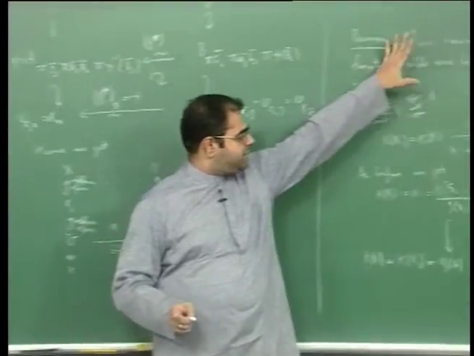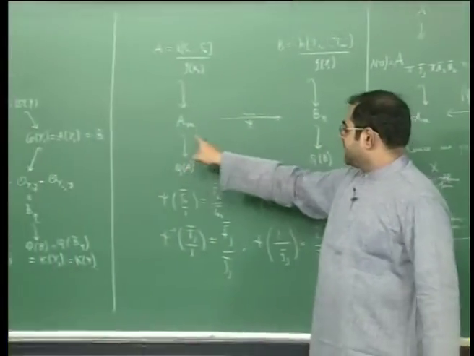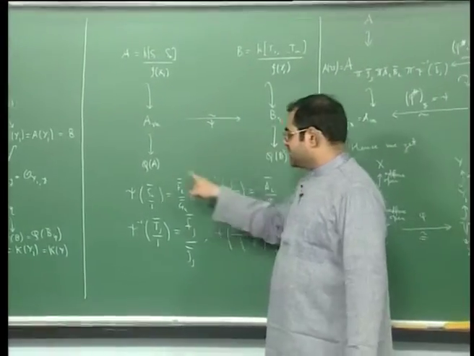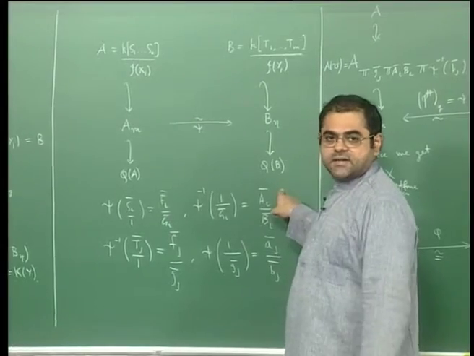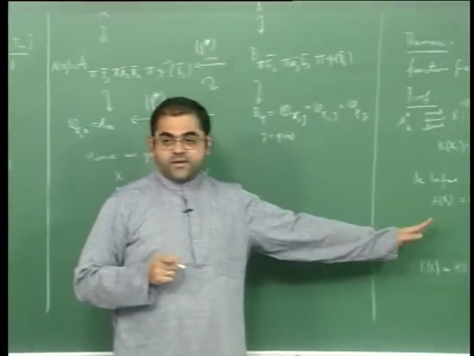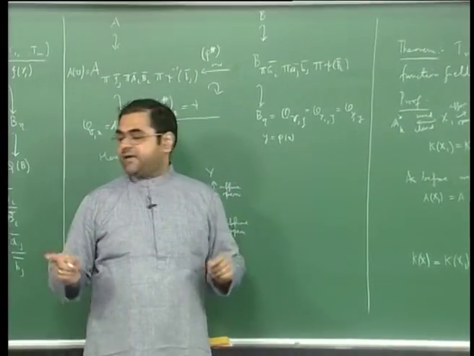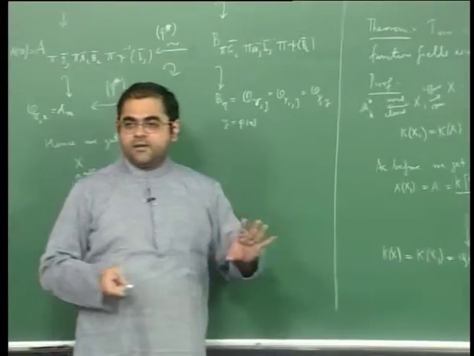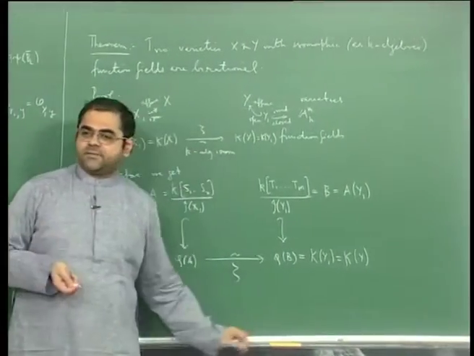If I had given you this statement first, then going back to this situation, this isomorphism between local rings will induce an isomorphism between the quotient fields, and if I grant that I have already proved that it is birational, I am already done. So in a way this could have been deduced from here, but there is no harm in doing it like this because you learn some techniques, okay.